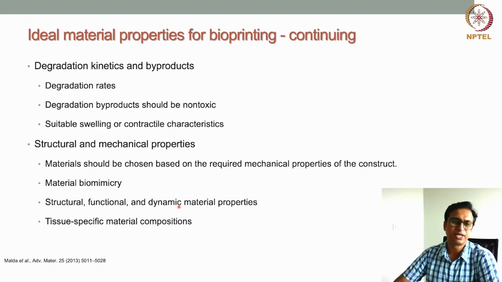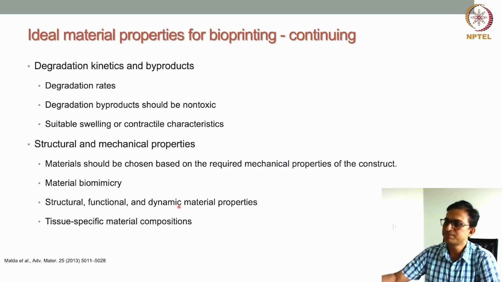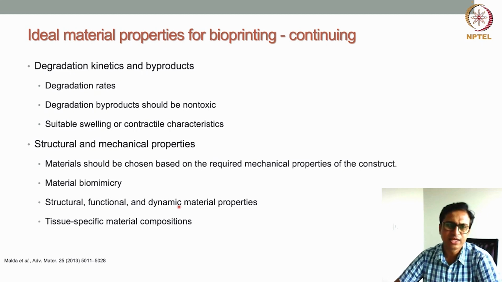There are more properties, like the degradation kinetics and byproducts. When you use a certain material, the degradation rate of that material should match the ECM production by the cells of that particular tissue structure.